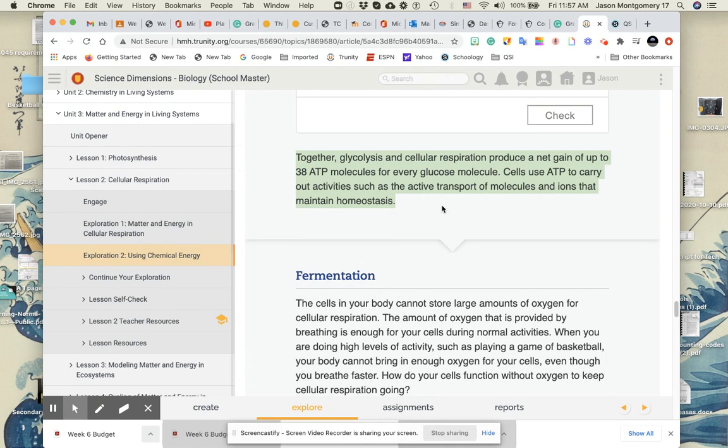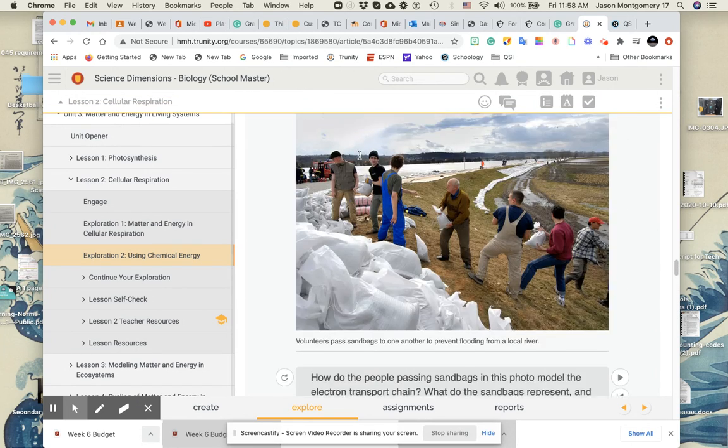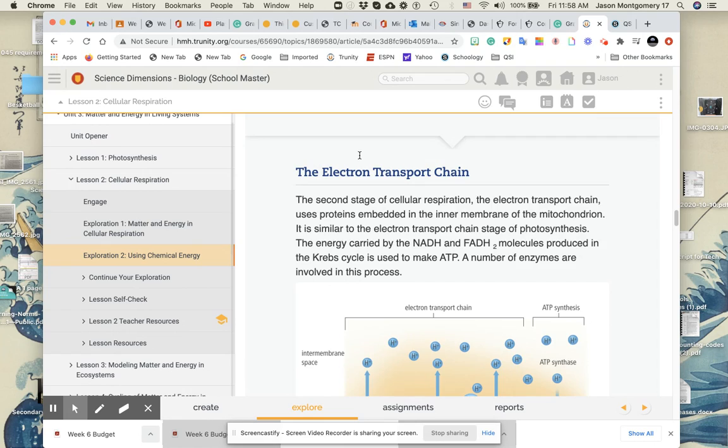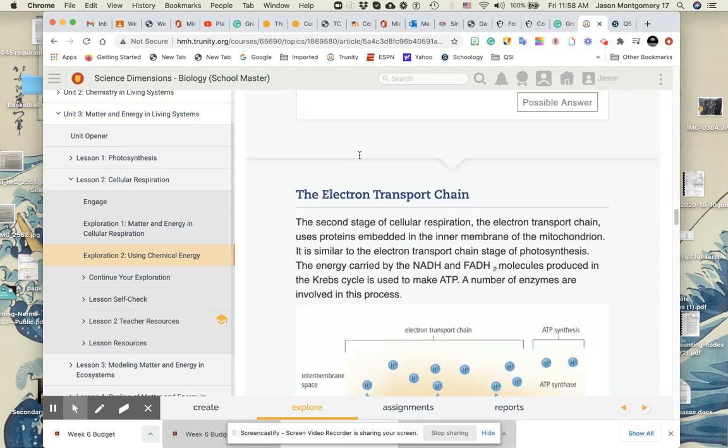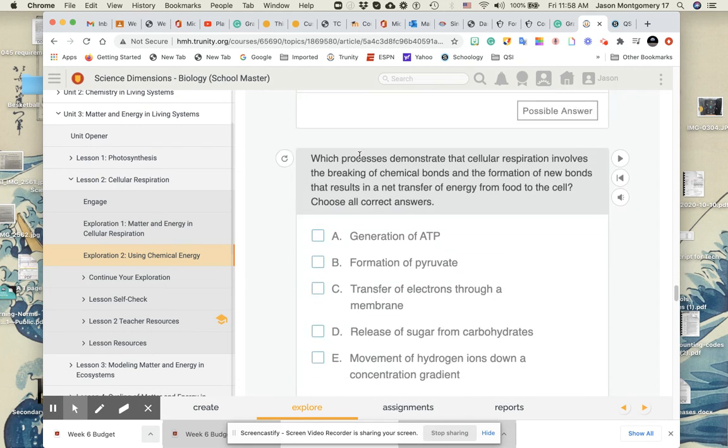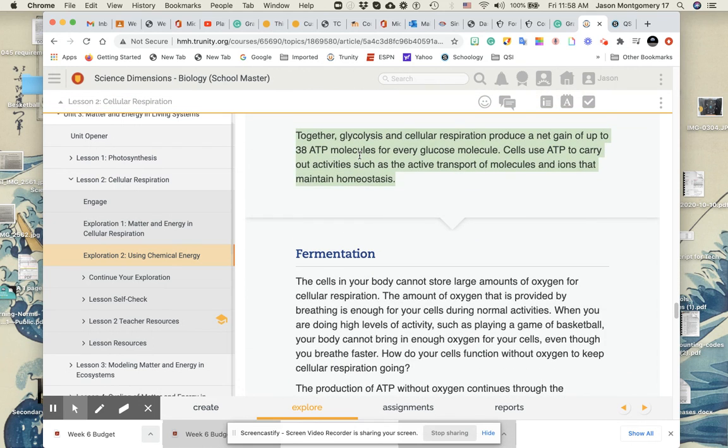If somebody has the big brain today, you can tell me how many ATP are produced in glycolysis, how many during the electron transport chain, and how many during the Krebs cycle. They all have to add up to approximately 38.